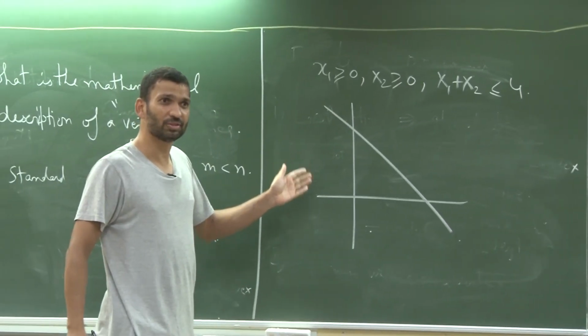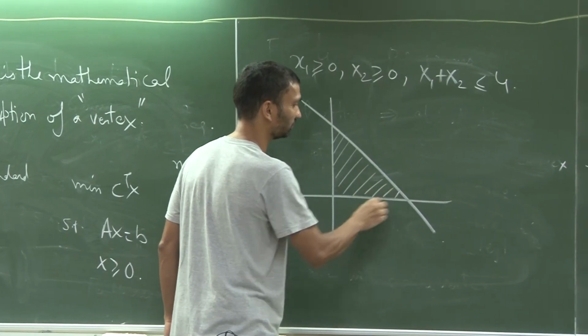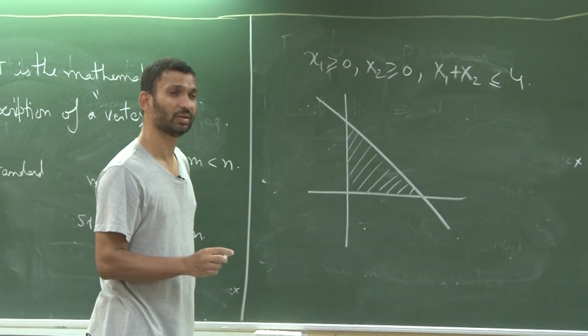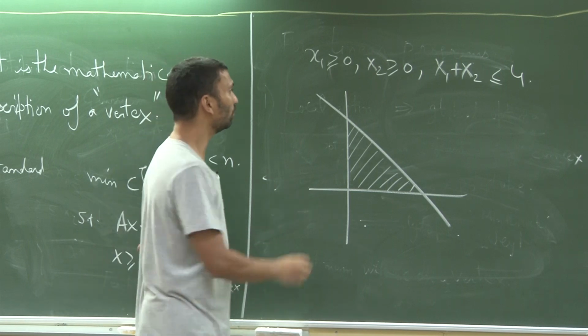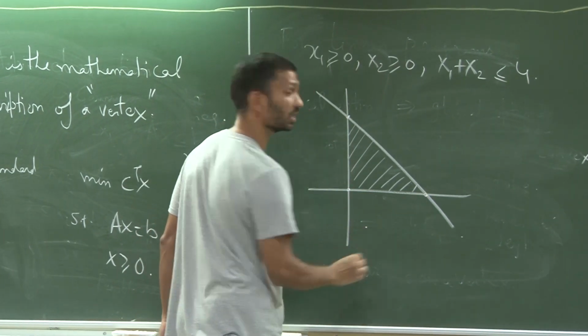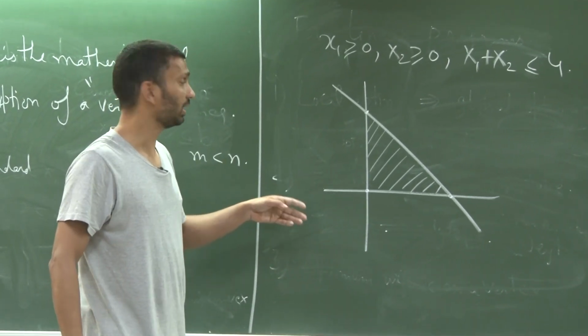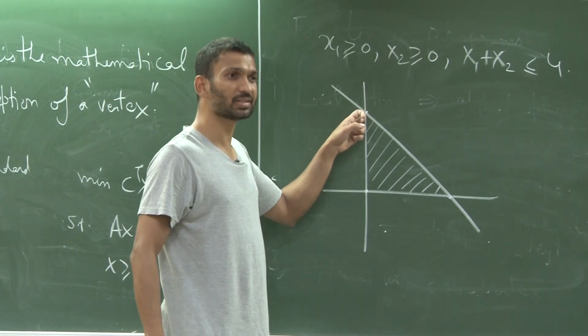This is the graph. What is my feasible region? Correct. Now, these are the vertices, right? And then what is happening at the vertex?